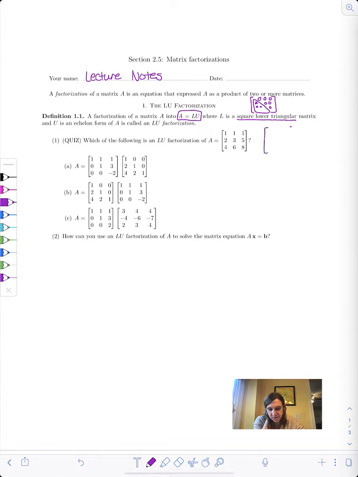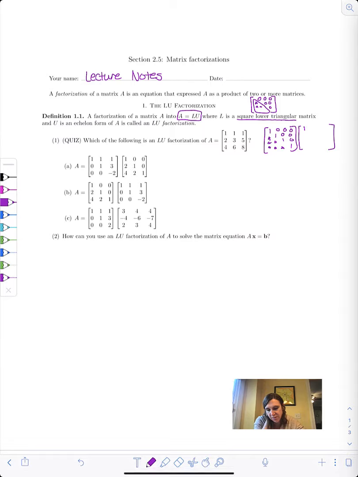So we have something with some zeros in the upper right corner, and then typically you'll see ones along the diagonal and then some non-zero stuff below the diagonal, times an echelon form of your matrix.